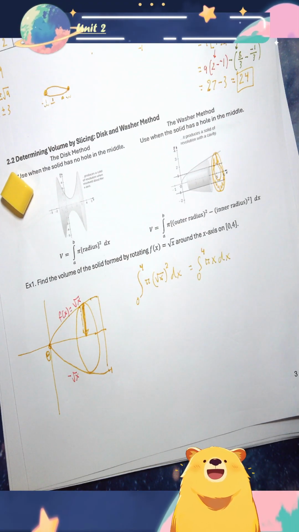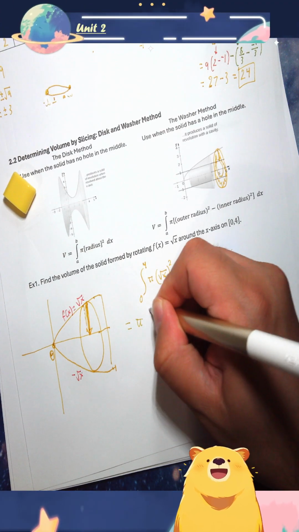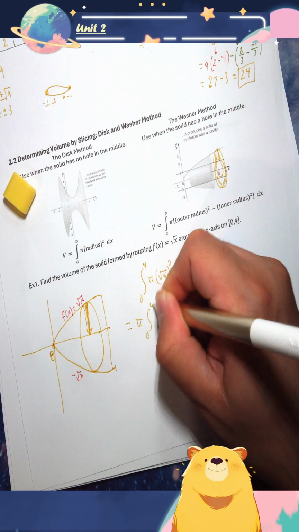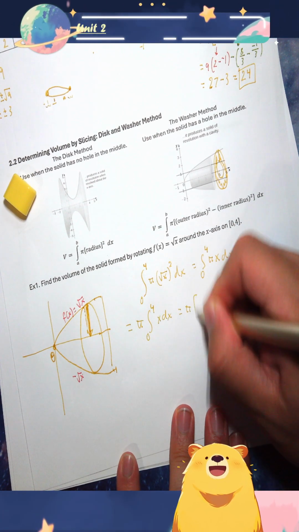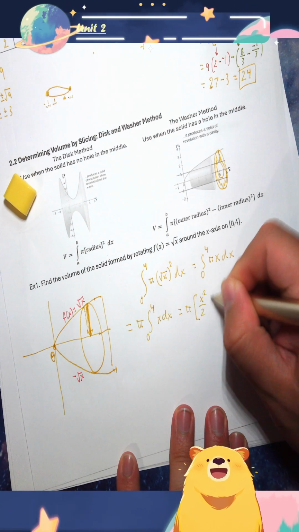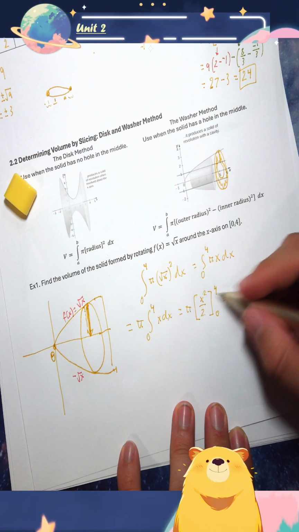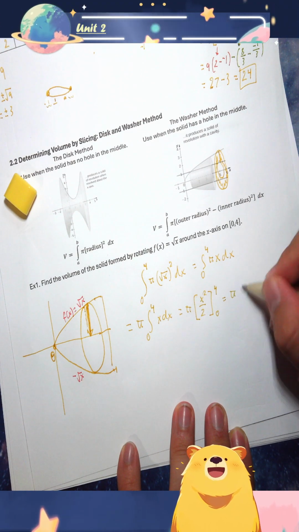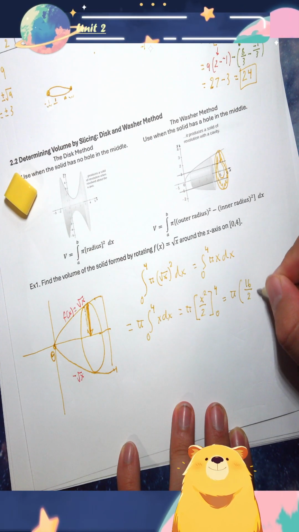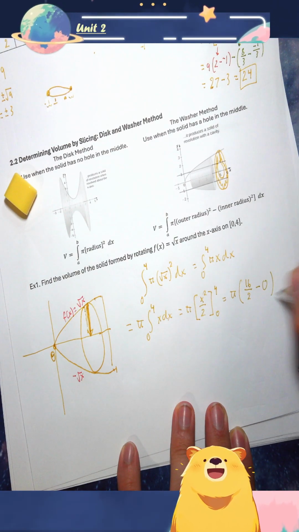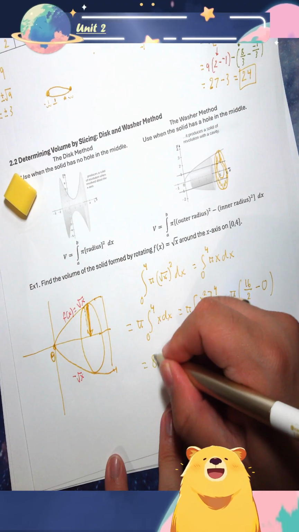And this kind of becomes an easier problem in that way. Let's factor out the pi. And then let's go ahead and do pi of x squared over 2, 4 to 0. Or let me write out, 4 is going to be 16 over 2. And then 0 is just going to be 0. 16 over 2 is 8. So the answer is 8 pi.